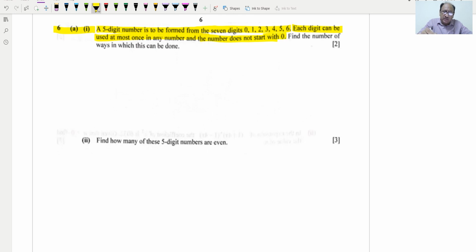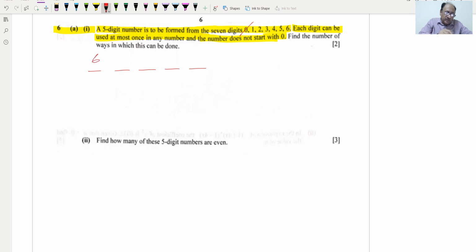So it's not starting with 0. There are 5 positions, and not starting from 0, so we'll ignore 0, and the remaining are 1, 2, 3, 4, 5, 6. So we will be writing 6 here.